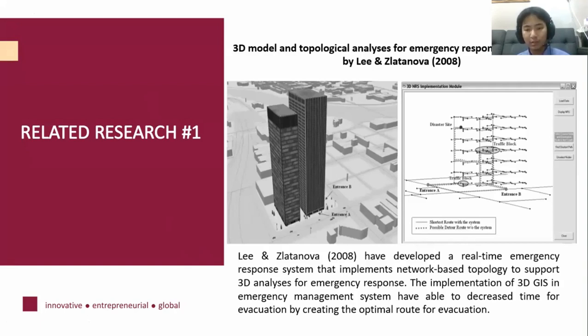The implementation of 3D GIS in this emergency management system has enabled a decrease in evacuation time by creating the optimal route for evacuation. So based on this figure, it shows that the shortest path route can be found with the system by integrating the floor map of this building with the GIS.